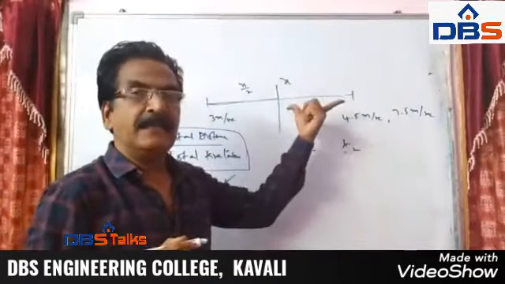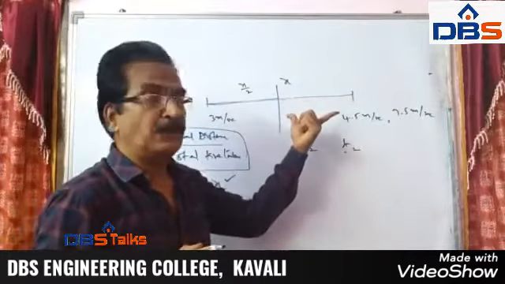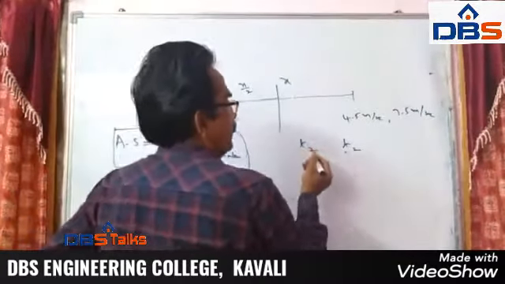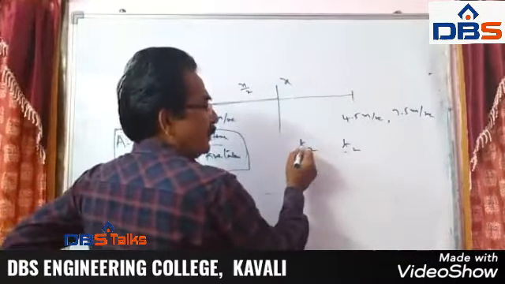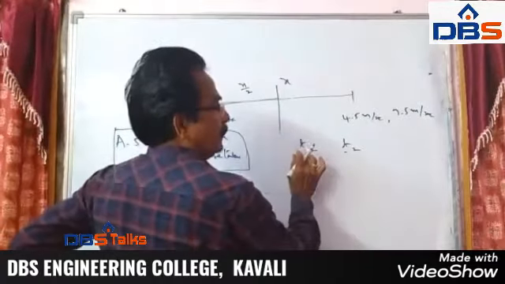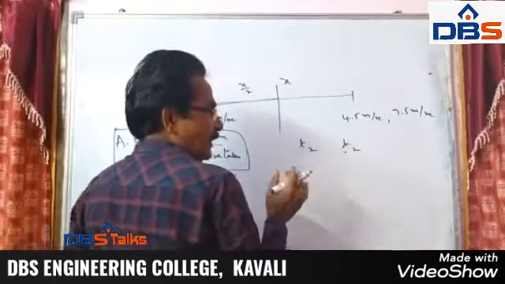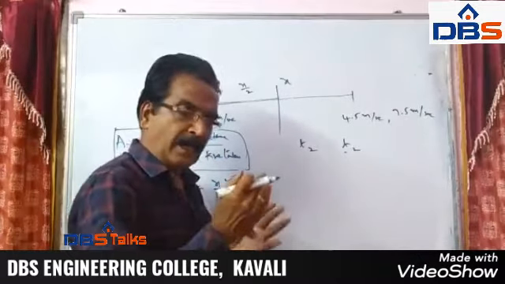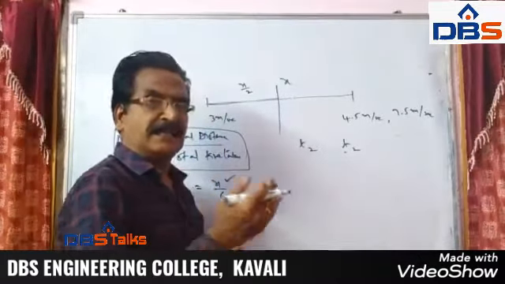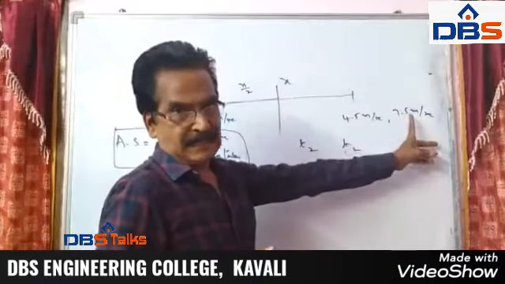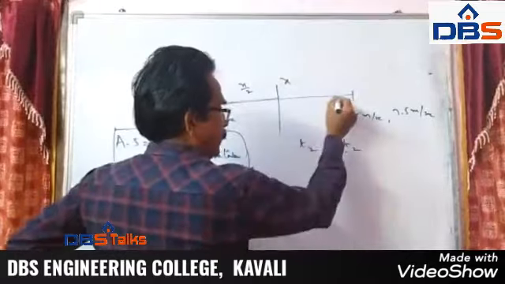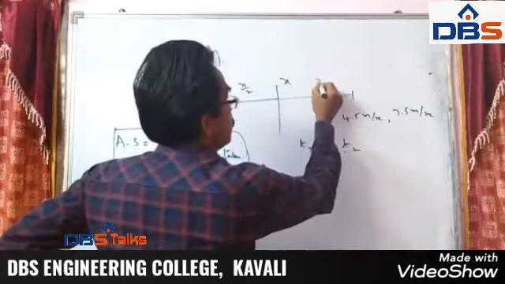Now we have to find the time taken by the particle to travel the second half. See friends, the particle traveled T2 time at 4.5 meters per second and another T2 time at 7.5 meters per second. This distance is x by 2.